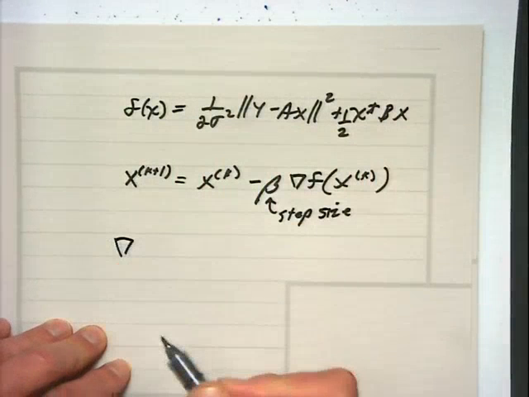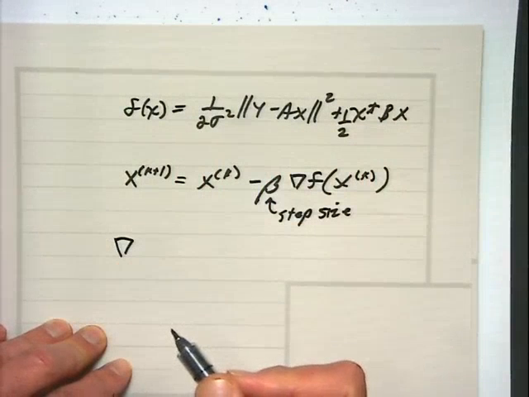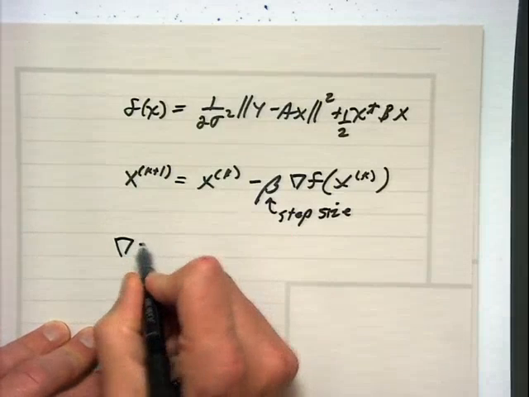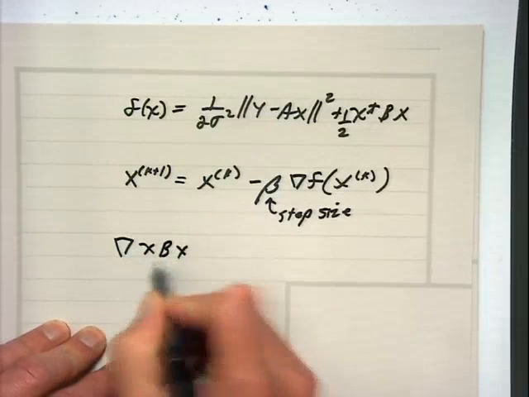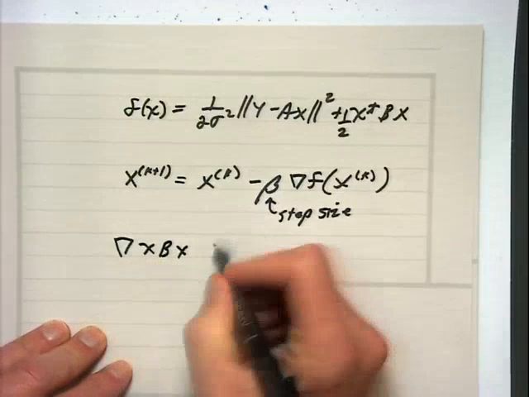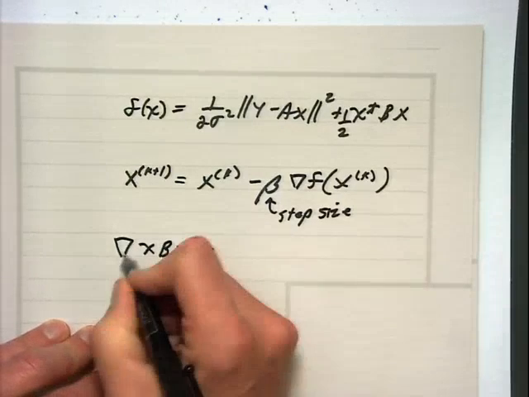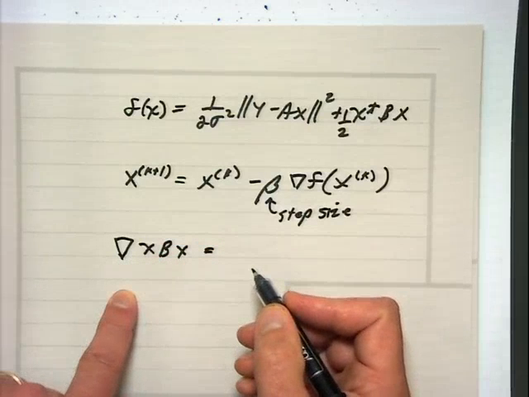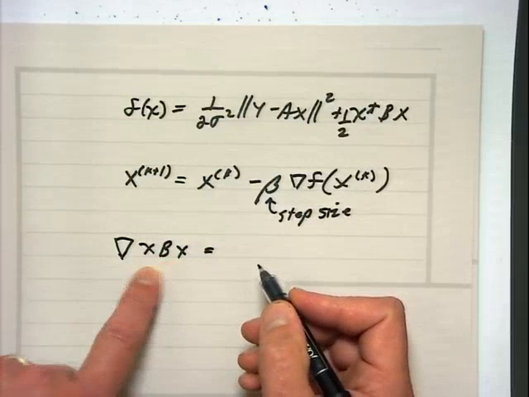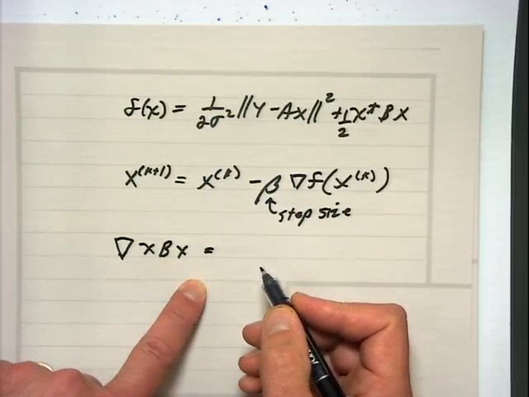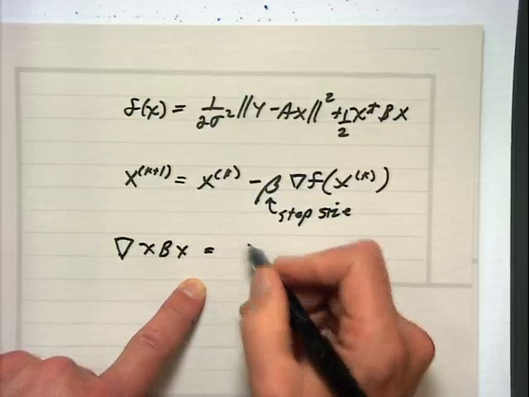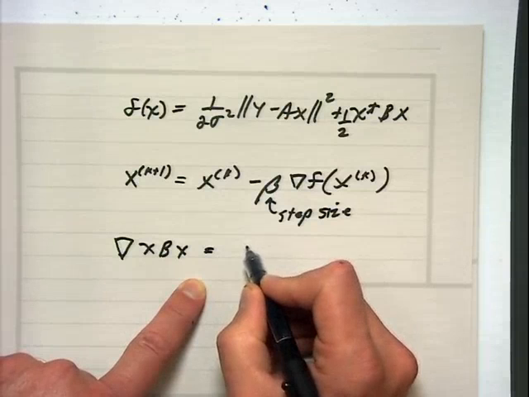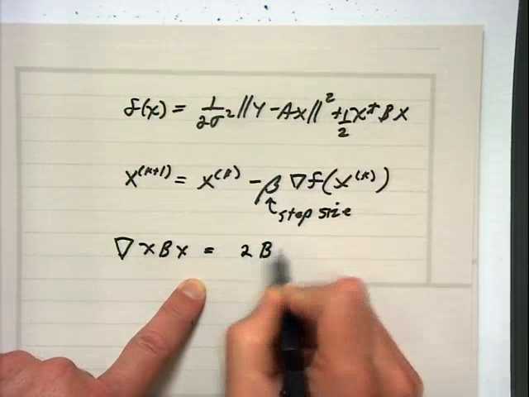Does everybody know how to compute the gradient of a quadratic expression? So you have something like x transpose D x, and you want to compute the gradient. First of all, everybody knows what the gradient is, right? It's the vector of partial derivatives of the scalar function with respect to the variables. If you work it through, this is going to work out to 2 times Dx.